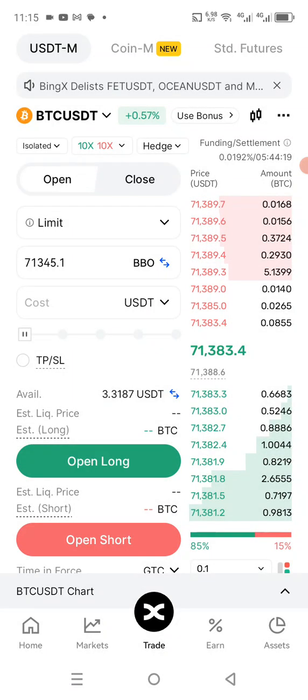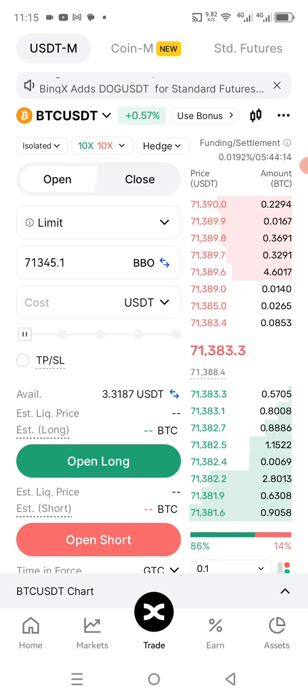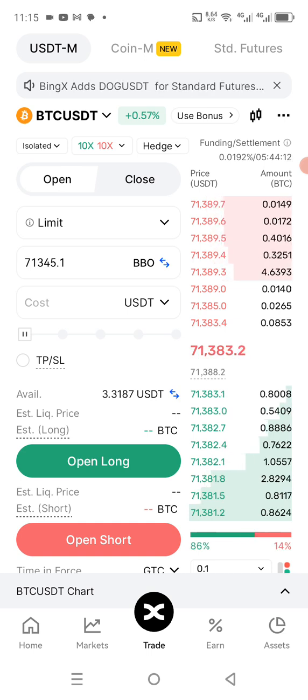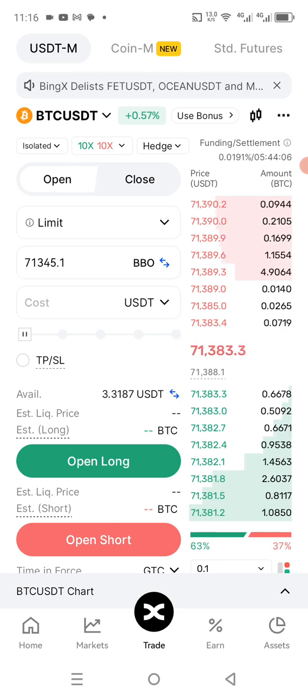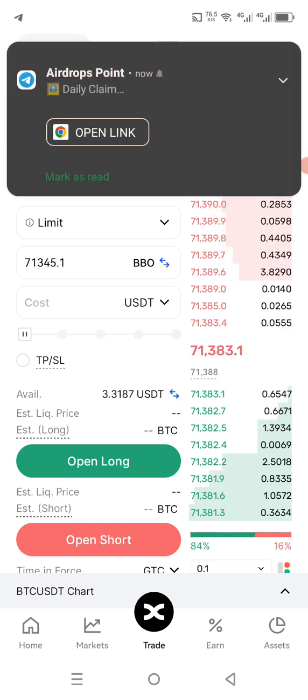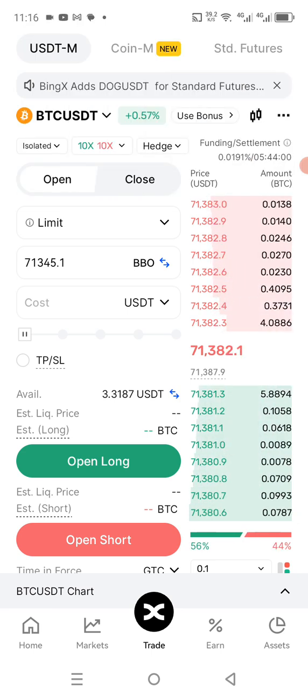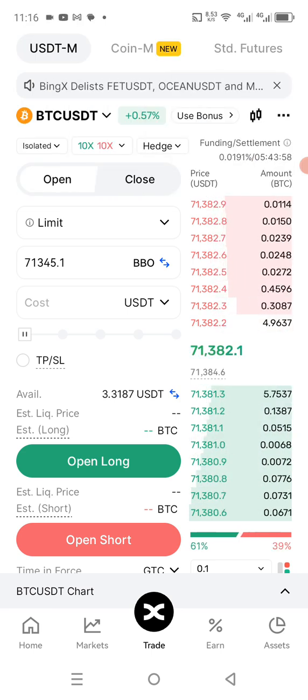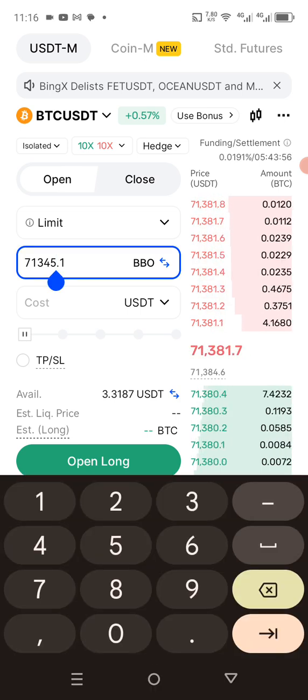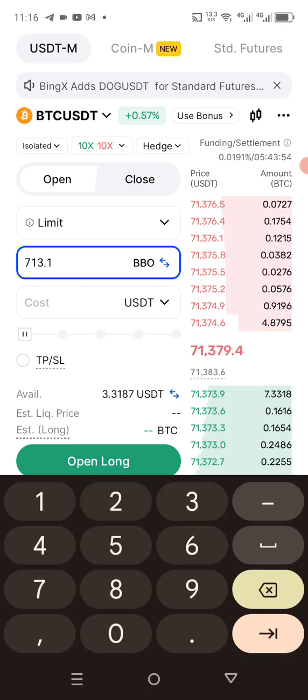Now let me explain this limit. Let's assume you believe that Bitcoin will come down a little bit to 71,300. Then you can buy at 71,300. Look at this place now, you just enter 71,300 point this, that is the amount you want to buy.